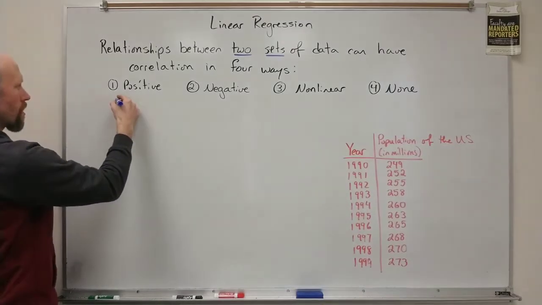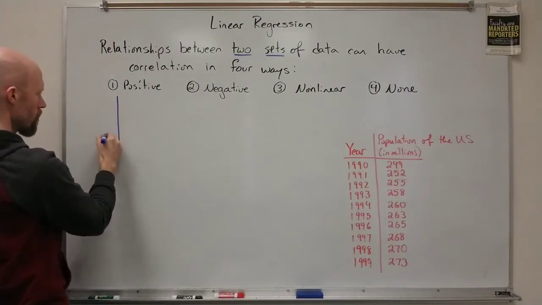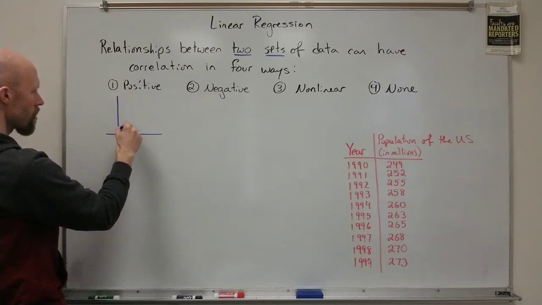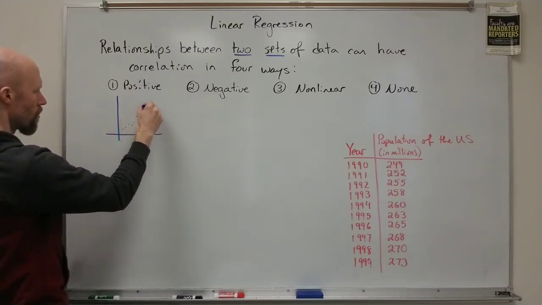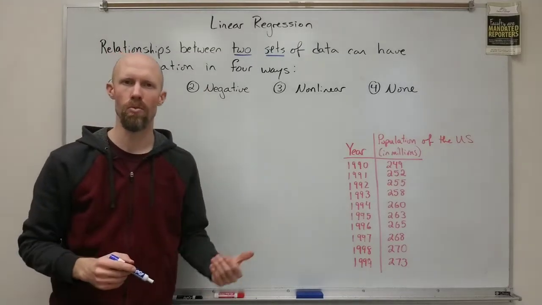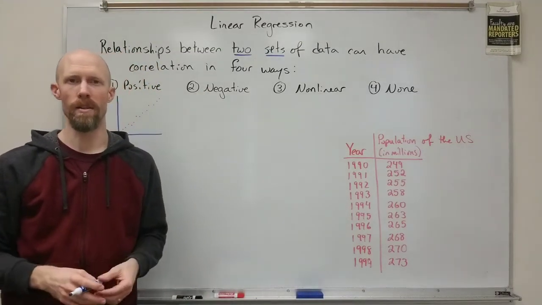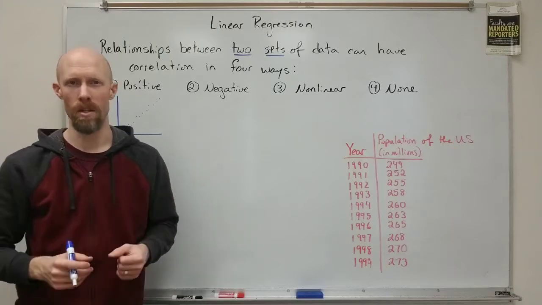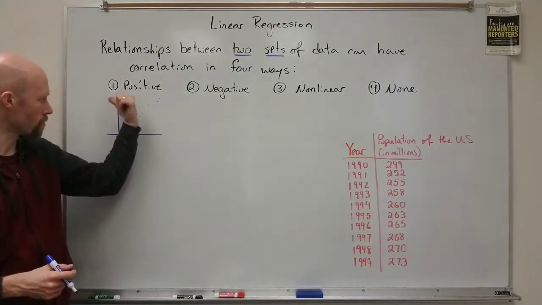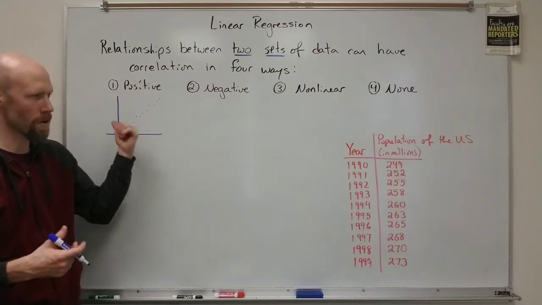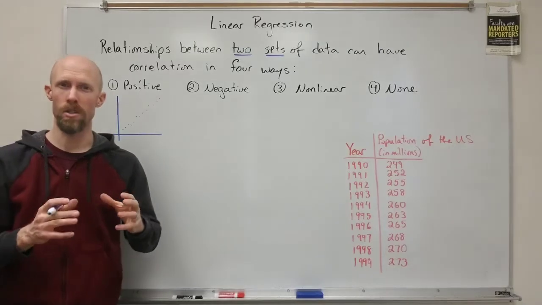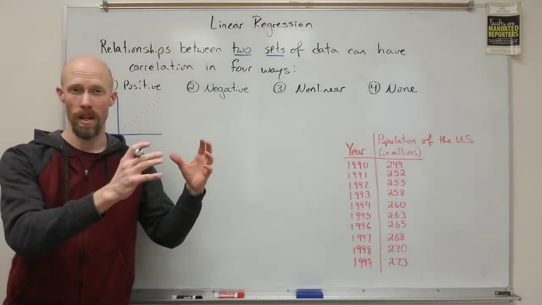Scatter plots for a positive correlation are going to be a bunch of dots that tend to have a linearly increasing trend, a very steady increase over time or over whatever the horizontal and vertical axes are here. Doesn't matter if it's time or not, but throughout the duration of their relationship, it's going to be increasing steadily.